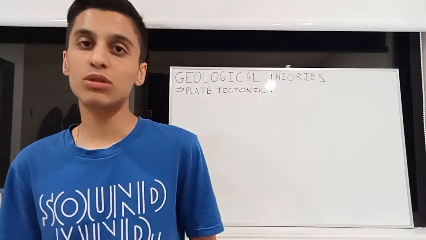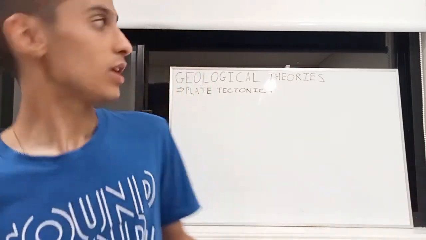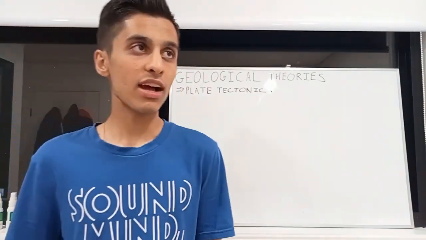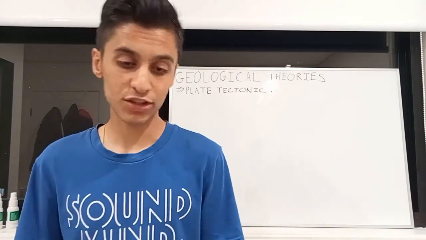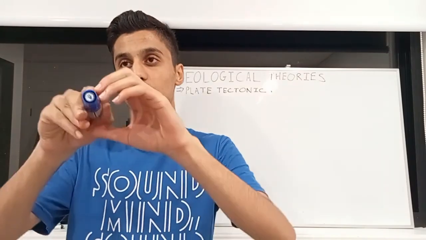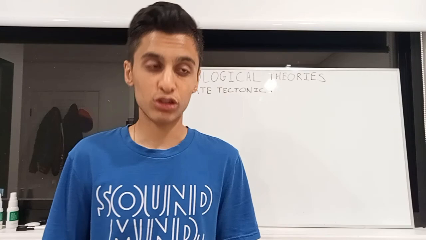Alright, so now that we've looked at the previous three theories, it's time to look at the final theory, which is plate tectonics. Plate tectonics is the most overarching one out of all of them. It's the one that overshadows convection currents and seafloor spreading.